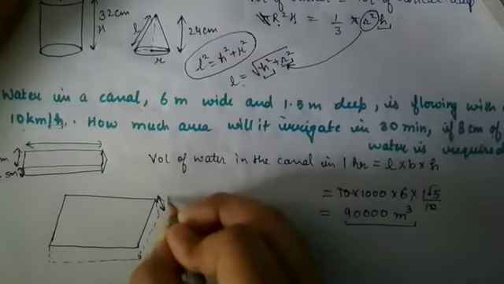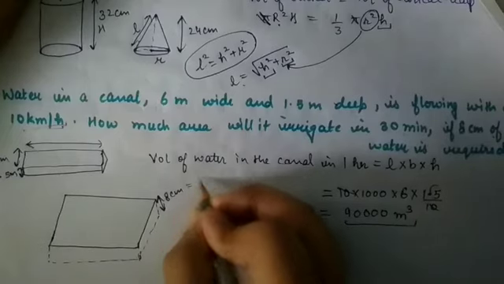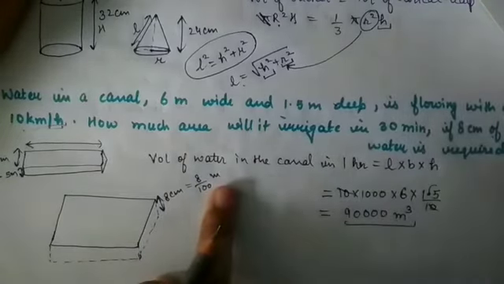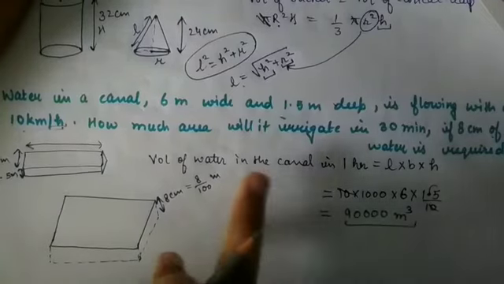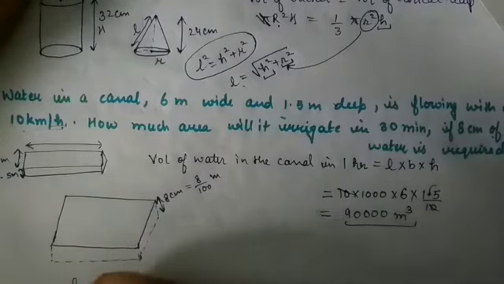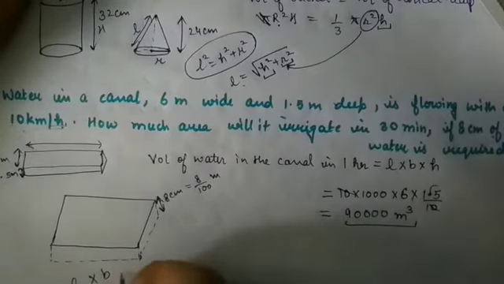So this height would be 8 centimeter, that is equal to 8 upon 100 meters. We are converting everything into meters because we have to make the units same. Now we have to find how much area. So area is length into breadth, so we have to find L into B.